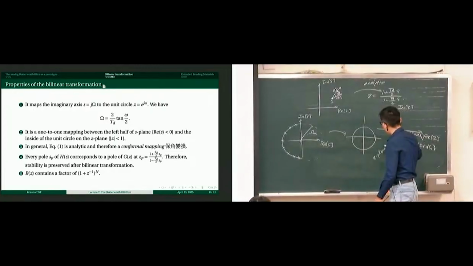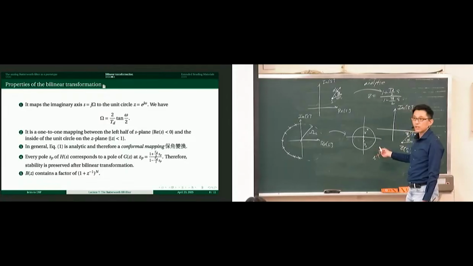Now these poles, wherever they are, are going to be inside the unit circle. Might be something like that. We have equally many poles now in the Z domain, but all of them are guaranteed to be inside the unit circle. And isn't that great? It is great, right? Make the response great again, right?